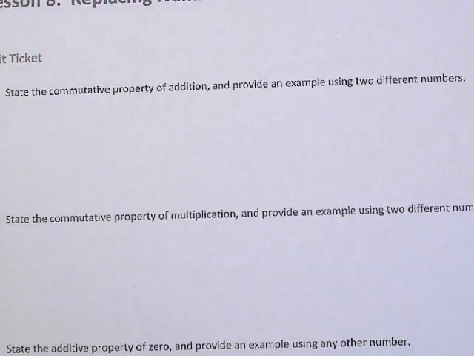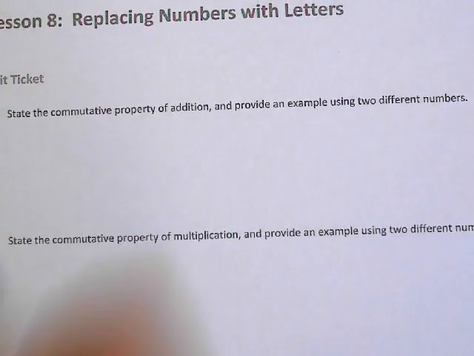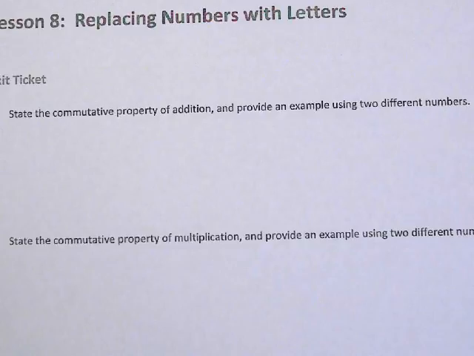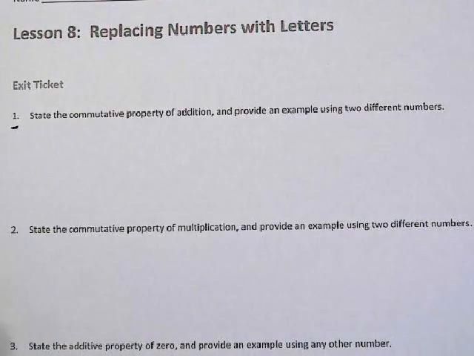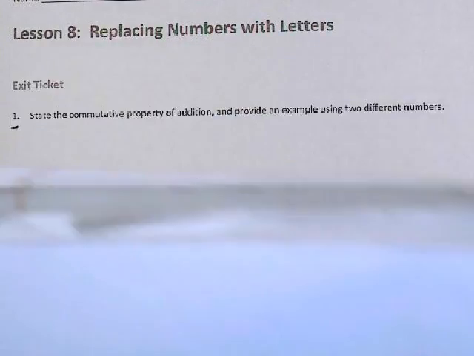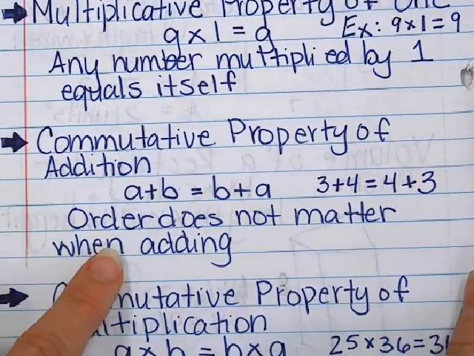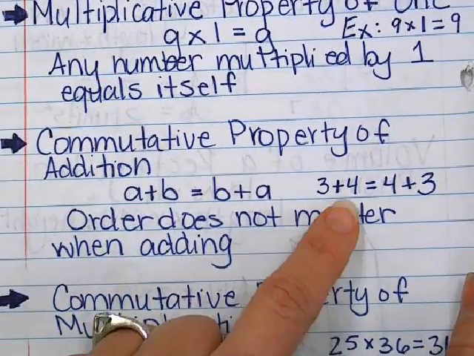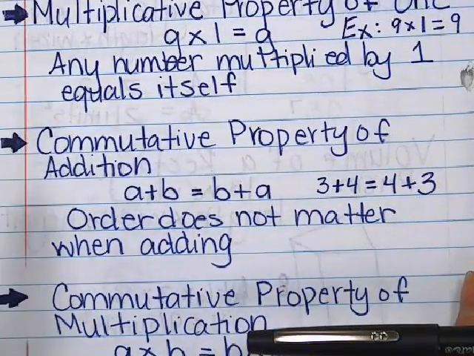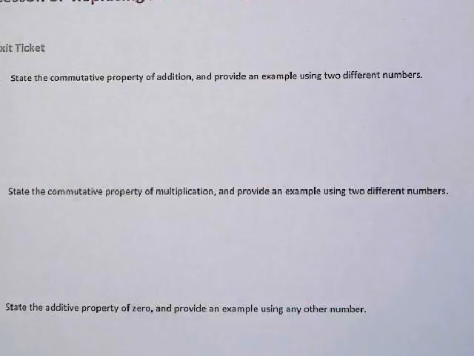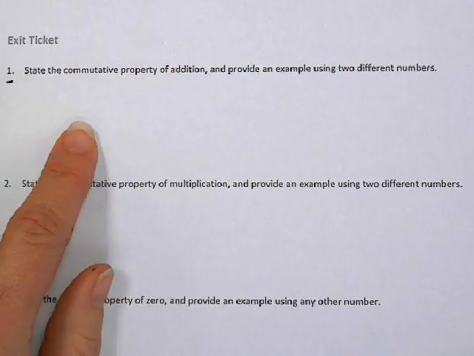For example, number 1 on the exit ticket says state the commutative property of addition and provide an example using 2 different numbers. Well, in our notes, we talk about the commutative property of addition right here, okay? And we give an example. You need to give a different example than the one we gave, but you need to write what it means and then also give an example, okay?